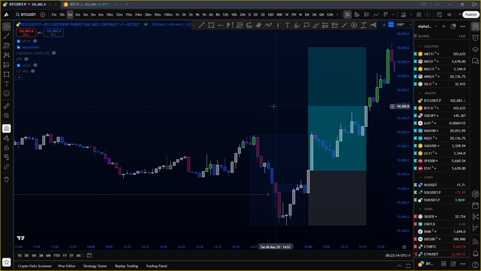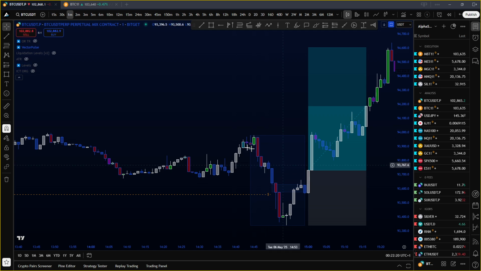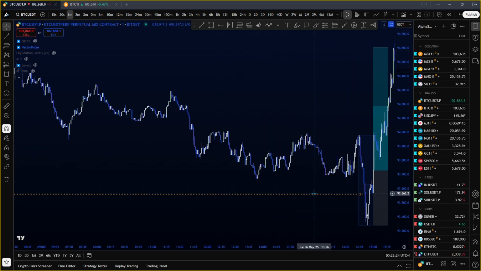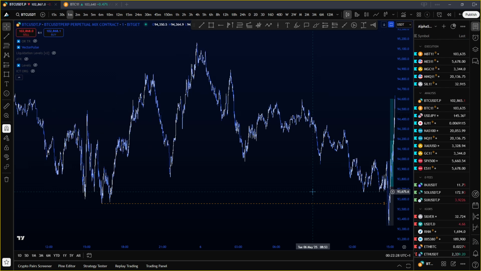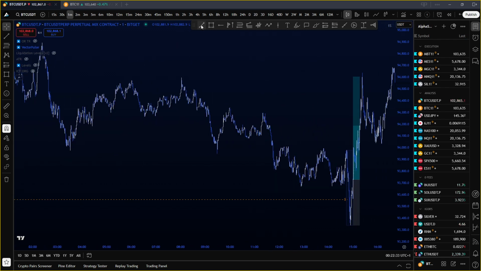Right. So you would get something like this. And when this happens, generally if you take sell side liquidity, then you target buy side liquidity, which in this case, you have kind of this curve that you could take, and you have these stacked highs as well.